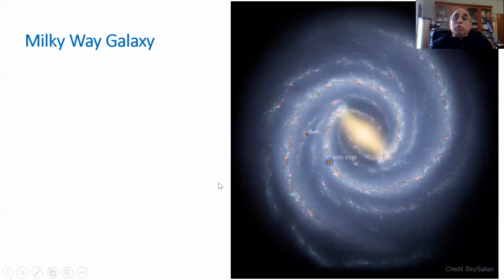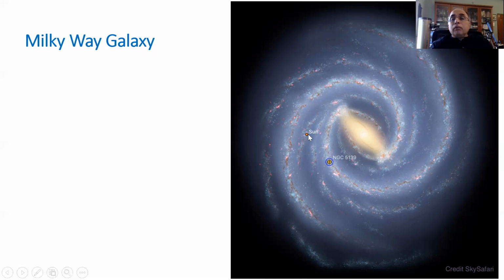When we are looking at objects at a larger perspective with respect to the galaxy, we use the galactic coordinate system. We'll be coming to our Milky Way Galaxy in detail in subsequent lectures, but our sun belongs to a system of 200 billion stars or more, which forms the Milky Way.